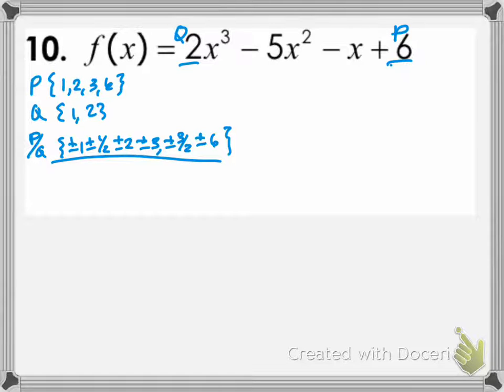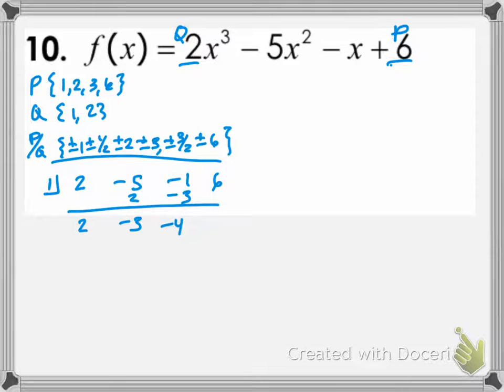I'm going to try 1. It's 2, negative 5, negative 1, 6. So that's 2, negative 3, negative 3, negative 4. Nope, 1 doesn't work. So then you go to negative 1, because this is plus or minus 1.